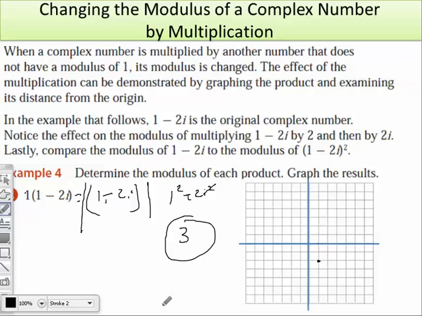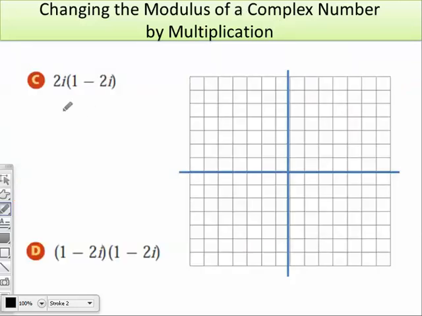That is the distance, right? 1 plus 2. Yep, that's what it is. Okay? That's my distance. So let's move forward here. What happens to this one? When I multiply this out, I get 2i minus 4i squared. Well, that becomes the plus, and that becomes a 4 plus 2i.